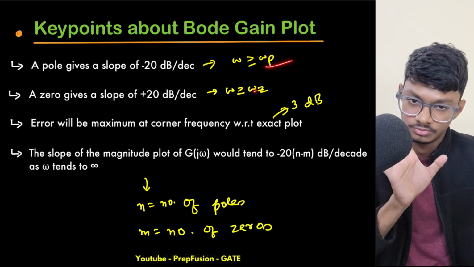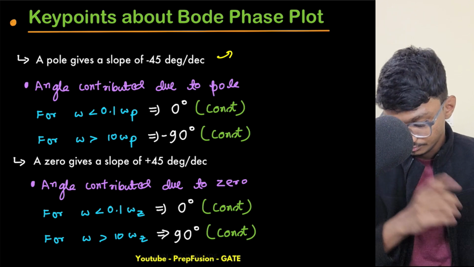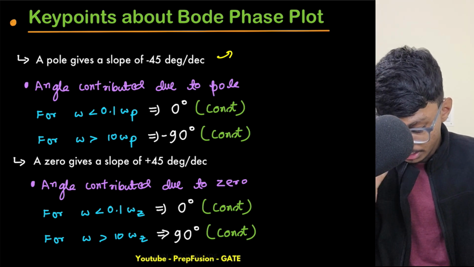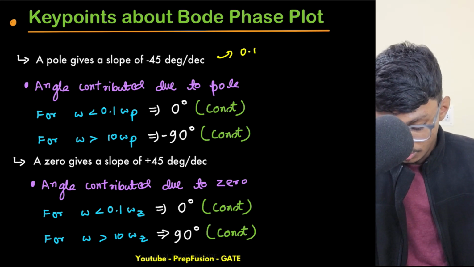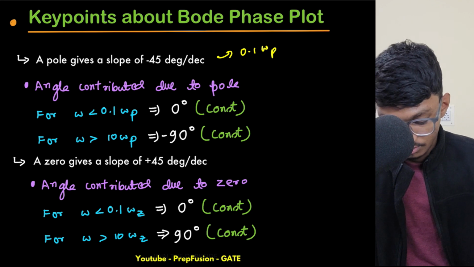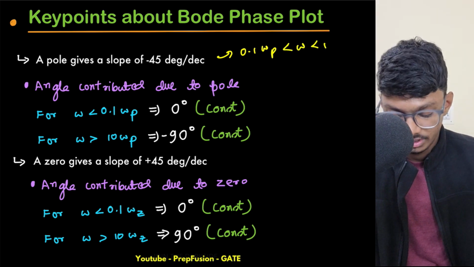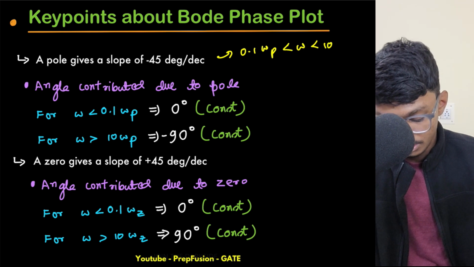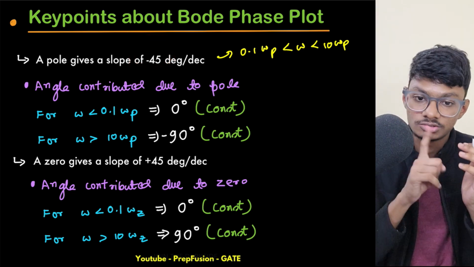I hope you understand, this is pole and this is zero. What is the key point here? What is the range between which the slope is present? The range is 0.1 omega p, where omega p is the pole frequency. My omega should be greater than 0.1 omega p and less than 10 omega p. This is the range for which this minus 45 degree per decade slope is present.